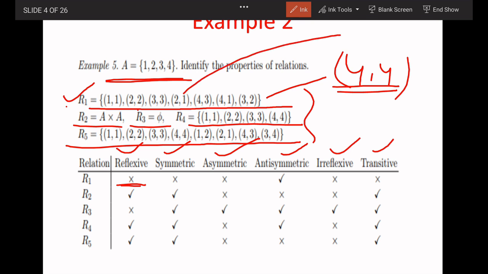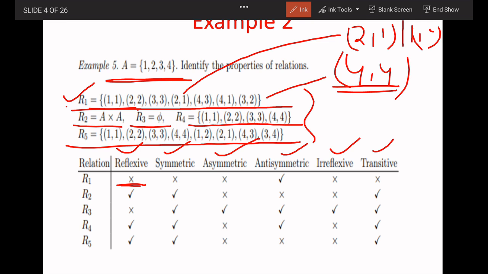Because (2,1) is here, but (1,2) is not here. So this is a very important table to understand all the properties: reflexive, symmetric, asymmetric, antisymmetric, irreflexive and transitive.